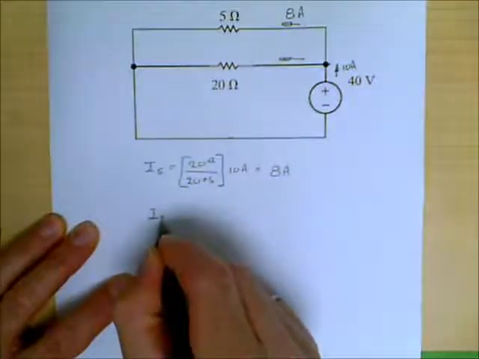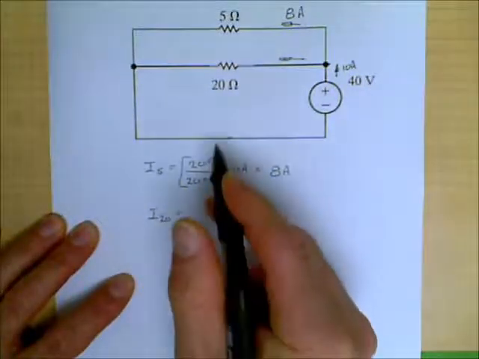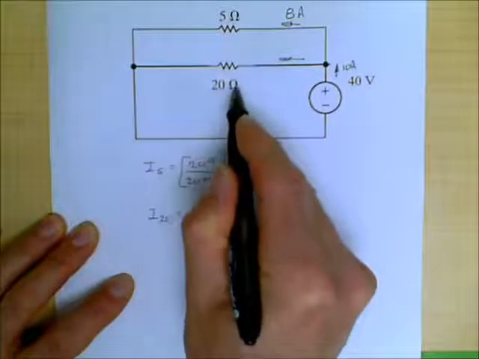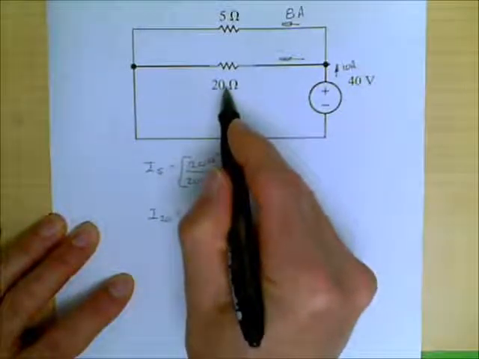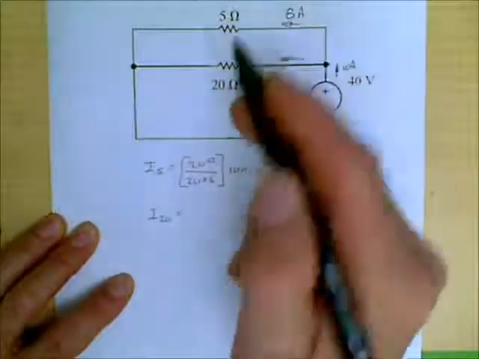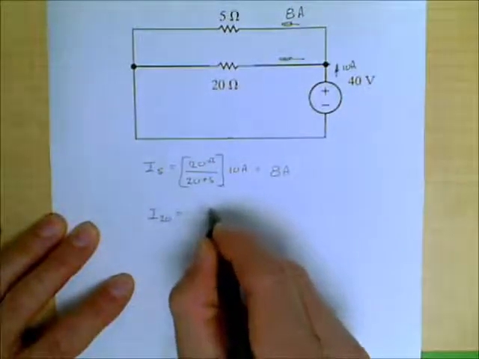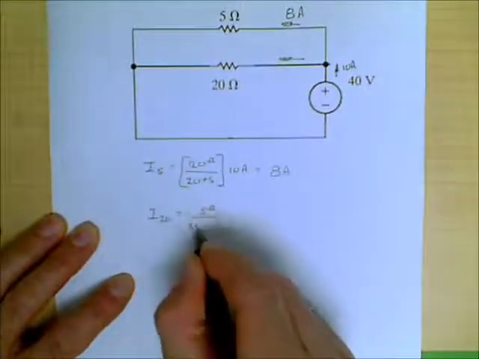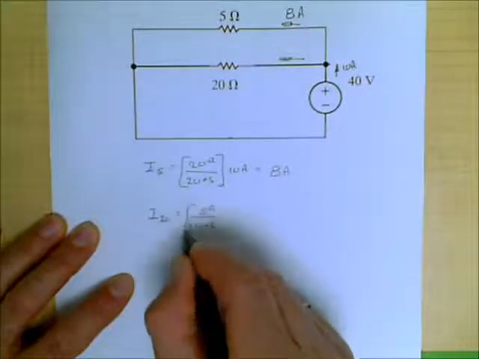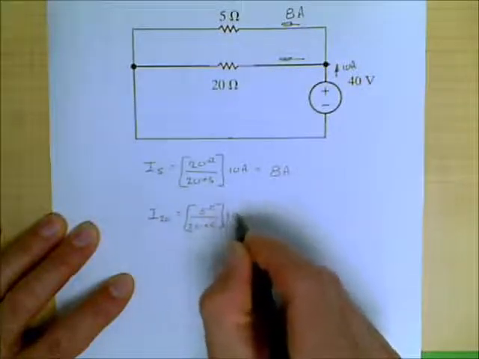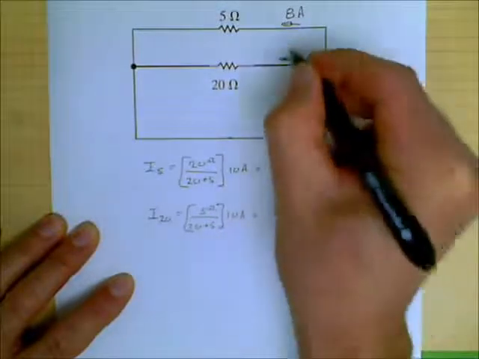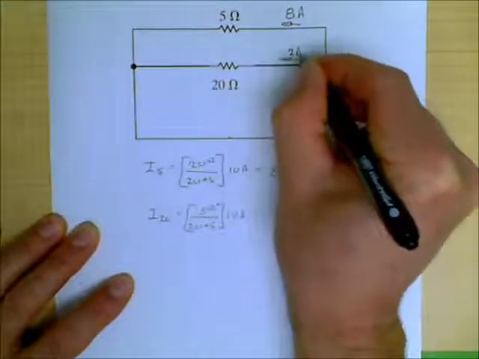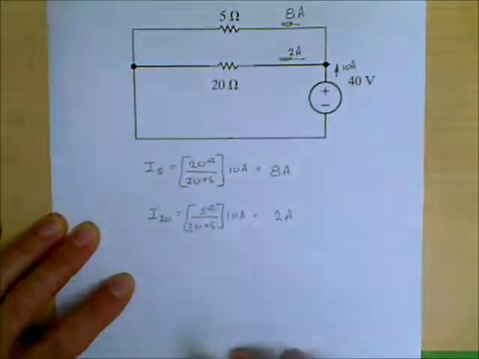Since the 20 ohm resistor is the bigger of the two resistors, the smallest amount of current will go through that branch, and so we use the smallest number, which is 5 ohms, divided by 20 plus 5, there's our current divider, all multiplied by 10 amps, which is equal to 2 amps. As we expected, there will be 2 amps in that branch.